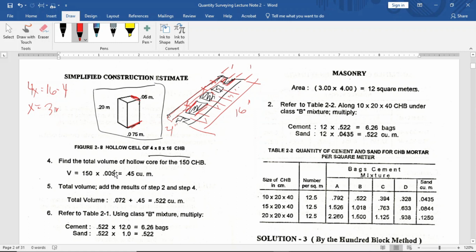So, find the total volume of the hollow core for the 150 CHB. Total volume is 150, yung 150 na nasolve natin kanina, times 0.003 is equal to 0.45 cubic meter.